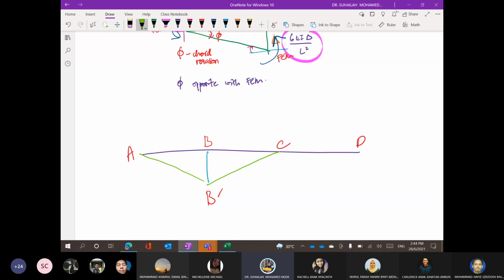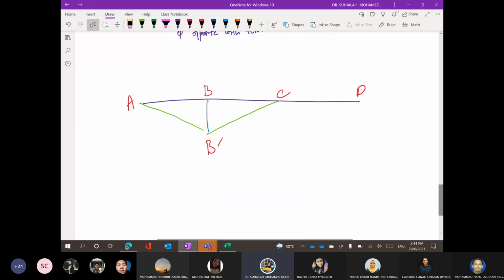Because whenever we want to calculate the FEM due to delta, the triangle must have a perpendicular section, 90 degrees, and then we identify the chord rotation, and from the direction of the chord rotation, the angle, we will identify the fixed end moment direction.